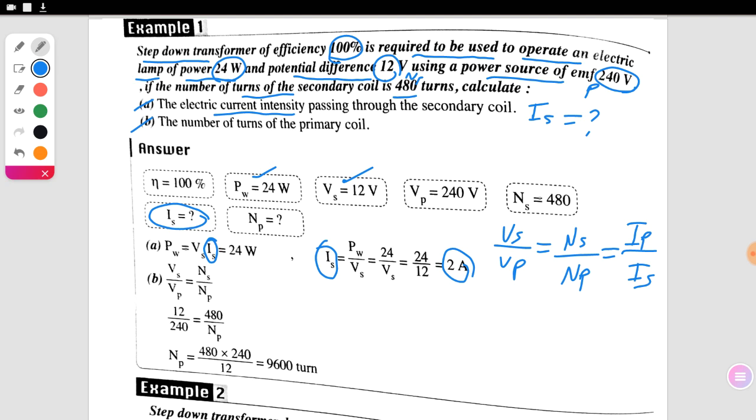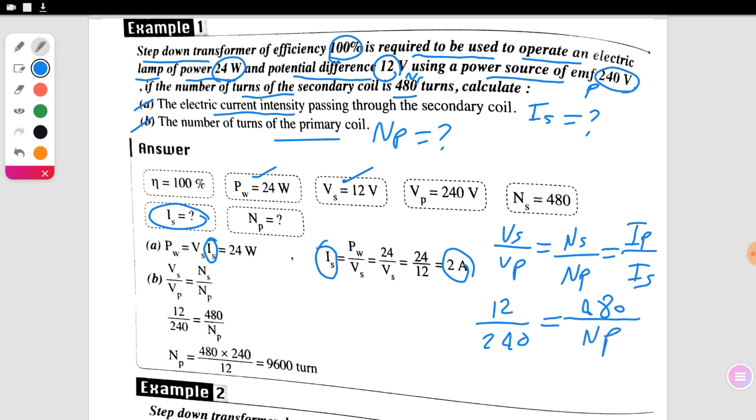The second unknown, the number of turns of the primary coil, N primary, is unknown. We need to determine it. From the following rule, Vs 12 over Vp 240 equals Ns over Np, we need to determine Np, but Ns equals 480 divided by N primary.